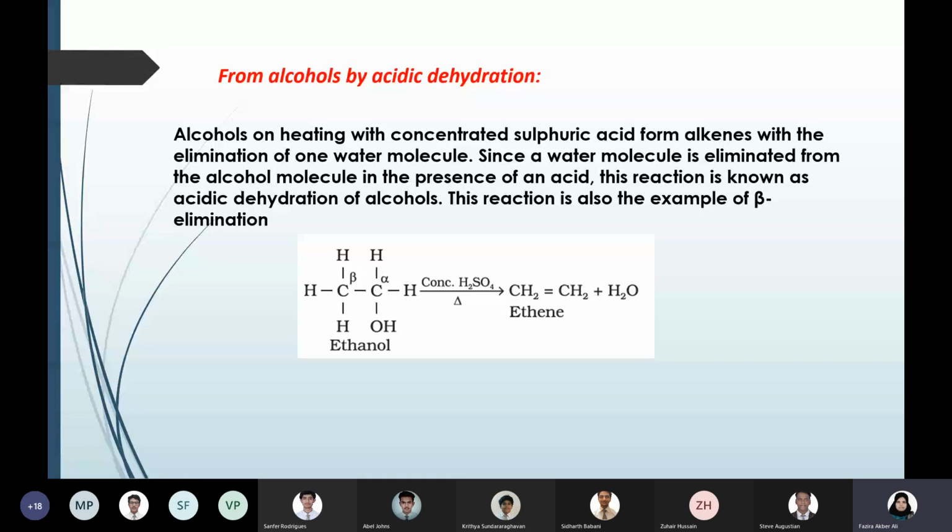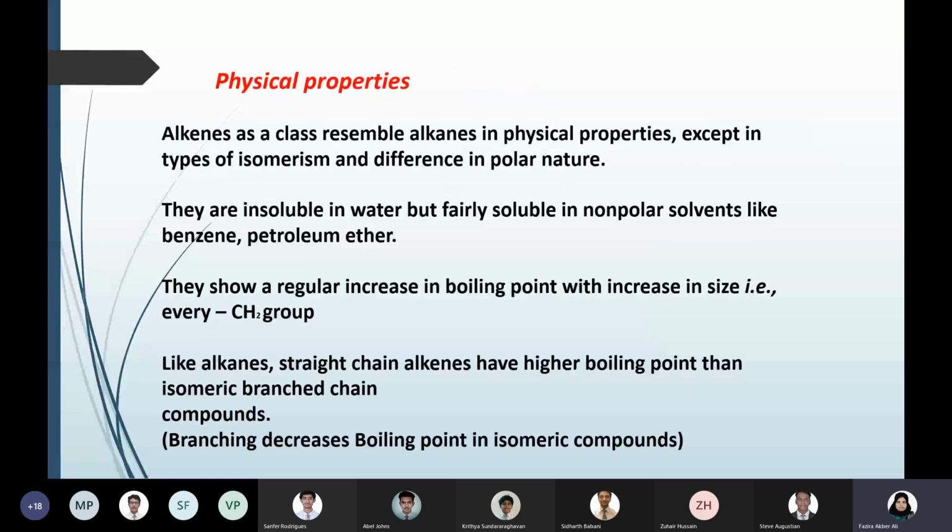Next, what we have to discuss is physical properties. In physical properties, there is not much to explain because it is almost like alkanes. The only difference is that geometrical isomerism, that is cis-trans isomers, is possible in alkenes, which was not there in alkanes, and we have already discussed it.